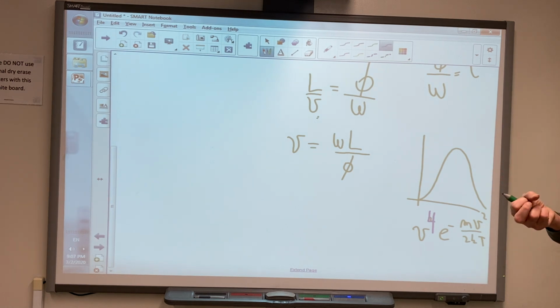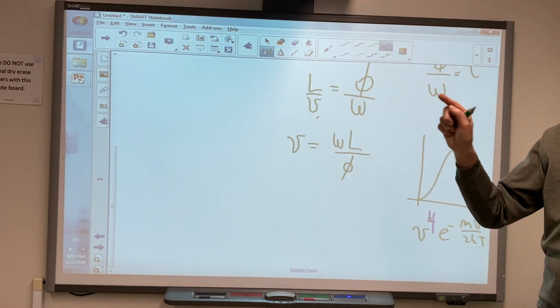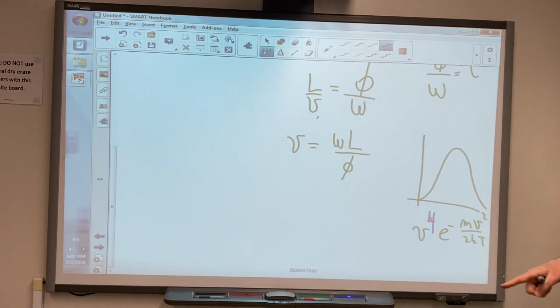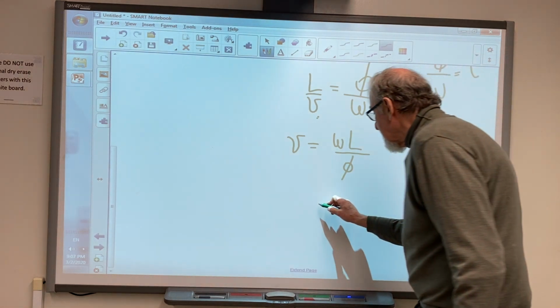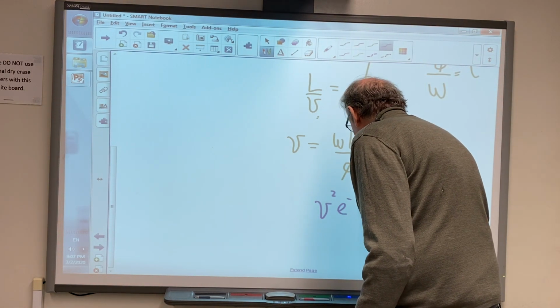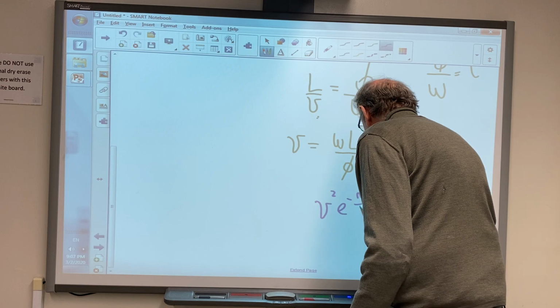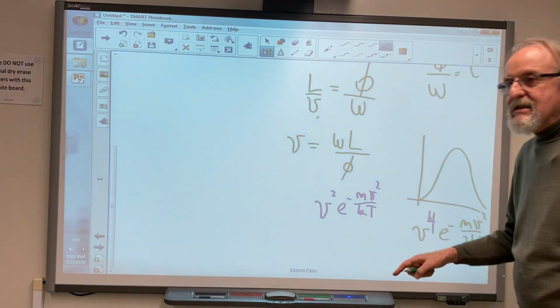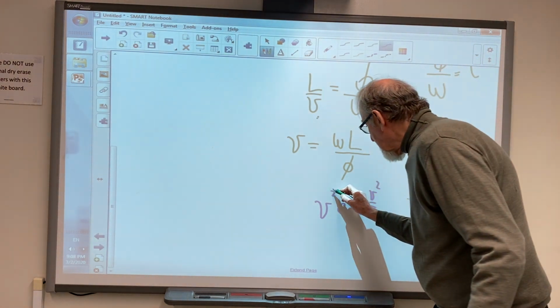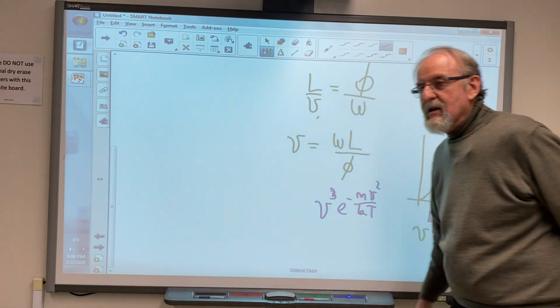You have a gas, you make a little hole, you want to know the distribution of the molecules coming out. This is called the effusion problem, and it turns out that when you calculate the distribution of effusion, if the molecules are distributed like v squared e to the minus mv squared over kT, next time we'll see that the ones that come out have an extra factor of v here.